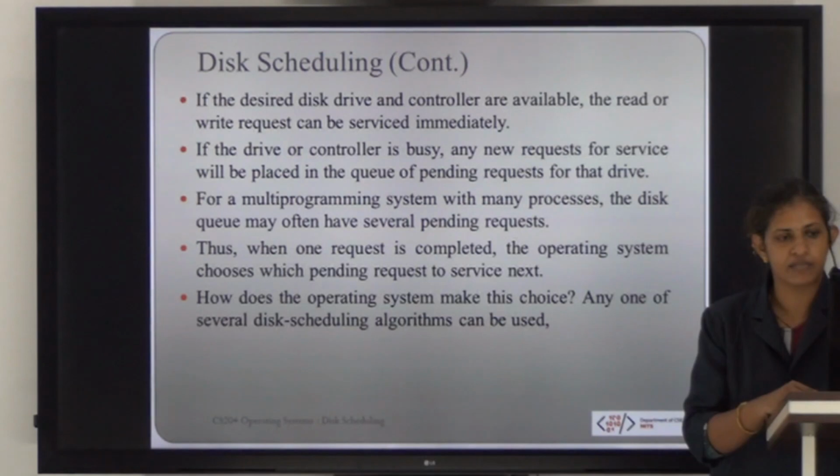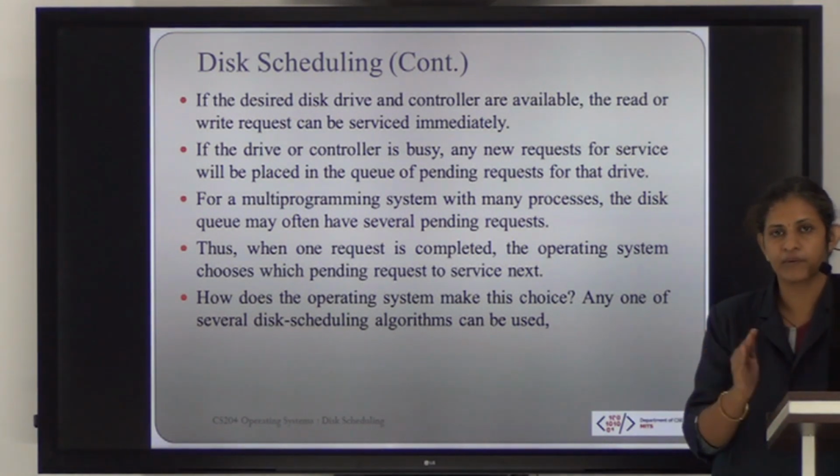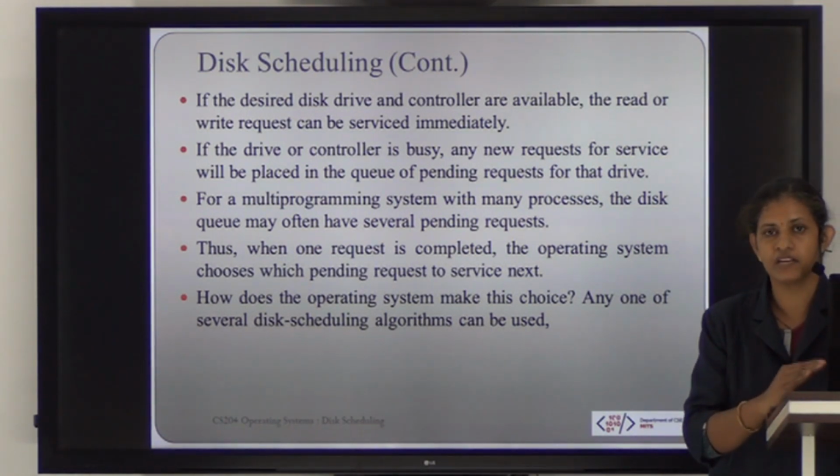For a multi-programming system with many processes, the disk queue may often have several pending requests. That is, when more than one request comes one after another, we need to form a queue of requests which has to be serviced later.